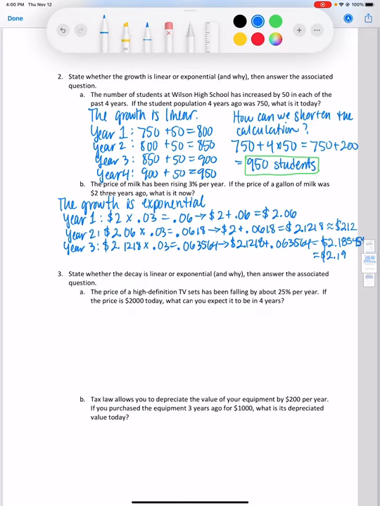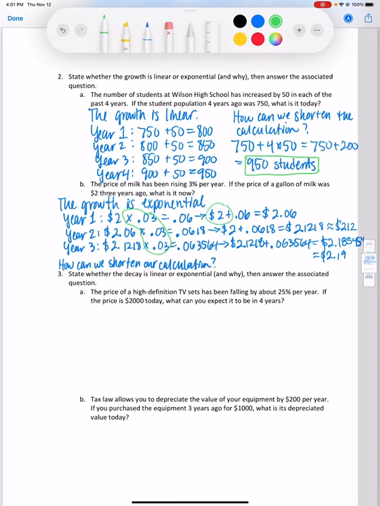So how can we shorten our calculation? All right, so what we're doing on each one of these is we're multiplying the total by 0.03. We did that 3 times. But what we want to do is add on the whole $2 here.